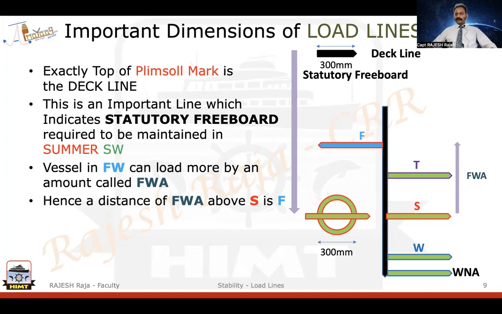That is why now your water line will start matching with the capital F. Now, if you load in a freshwater port up to capital F, you should realize that when I sail back to the seawater, again the vessel is going to rise, and the water line will become exactly matching with the summer load line, which is S. So this is the advantage of this freshwater allowance being marked on your load lines.